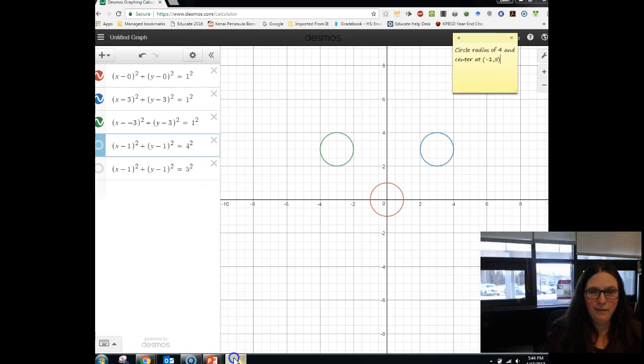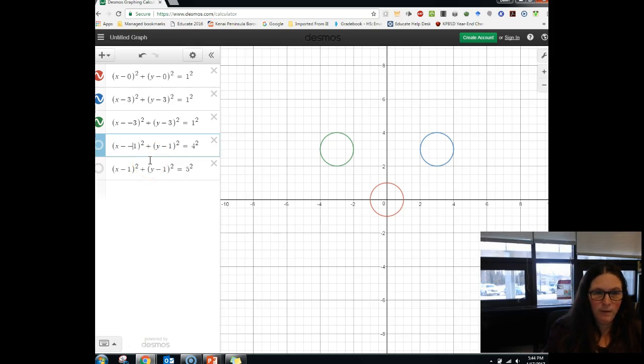Surprisingly enough, right there gives us the right number, so 4 squared. And then its center at negative 1. So this would give it a center at positive 1, so I want that to be at negative 1. And then I also want the y value to be at 5, so I leave that at minus 5.